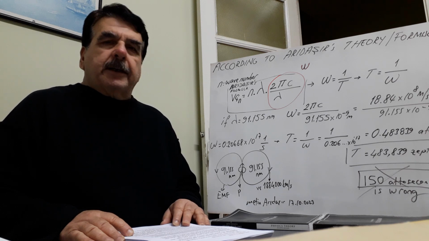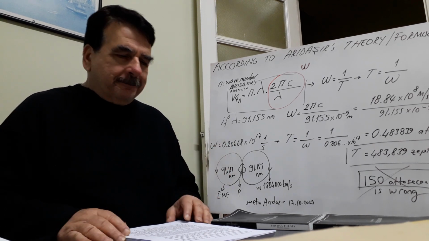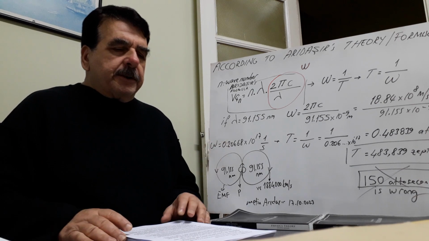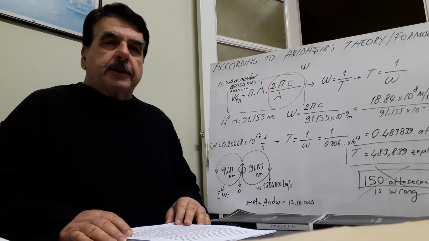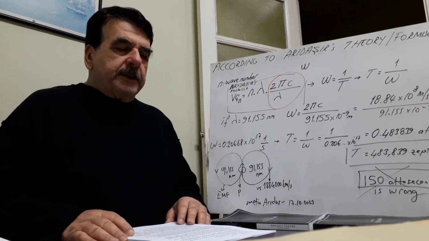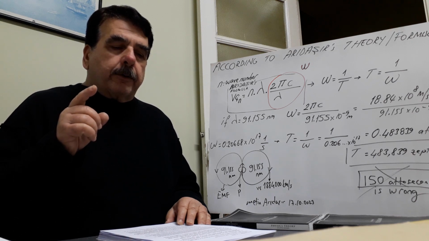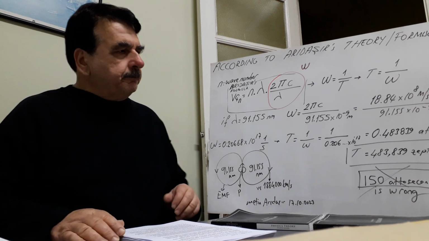Attosecond physicists, you are wrong. Electron doesn't orbit the proton in 150 attoseconds, but a photon orbits the proton in 484 zeptoseconds.